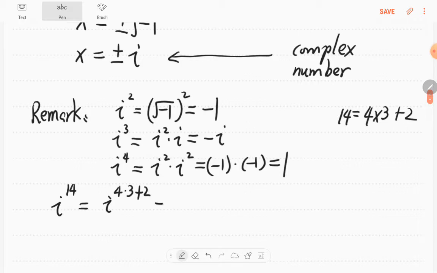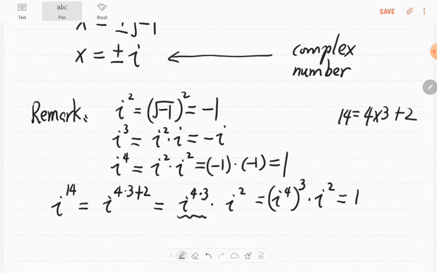So it's equal to I to the 4 times 3 times I squared. So this is I to the 4th, then to the 3rd, times I squared. I to the 4th equals 1, and 1 to the 3rd is 1. So this is 1 times I squared, which is negative 1.